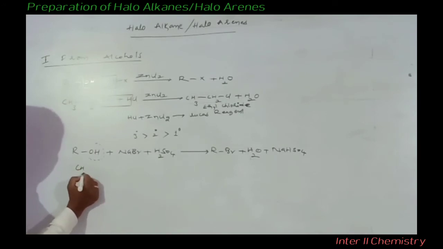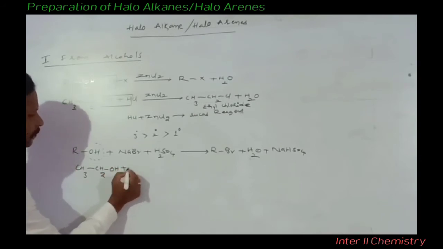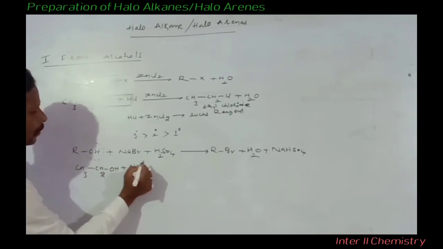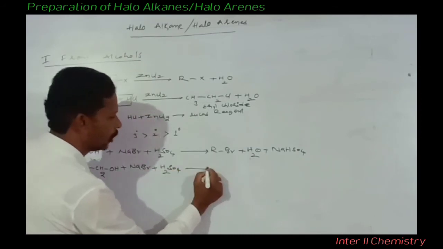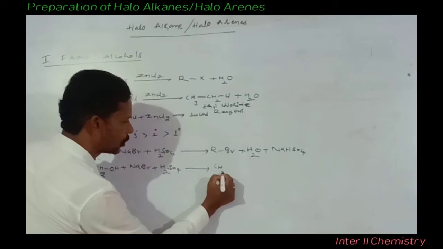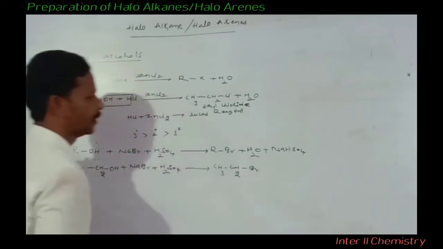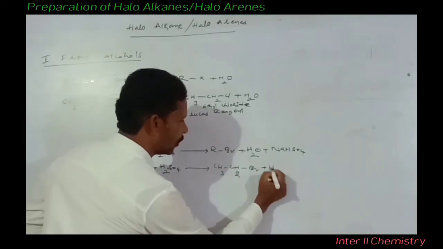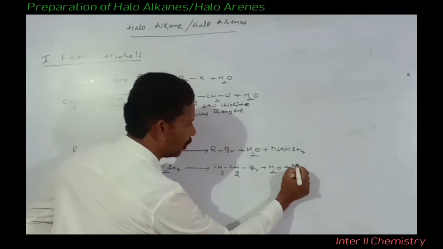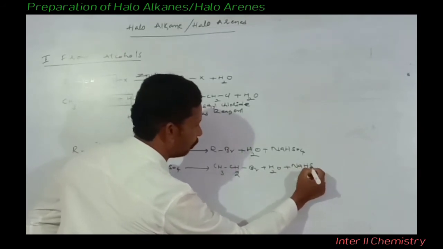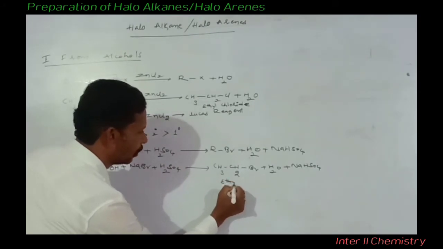Specifically, I am writing ethyl alcohol. Ethyl alcohol on reacting with sodium bromide plus H2SO4 gives CH3CH2Br, ethyl bromide, plus H2O, and sodium bisulfate.